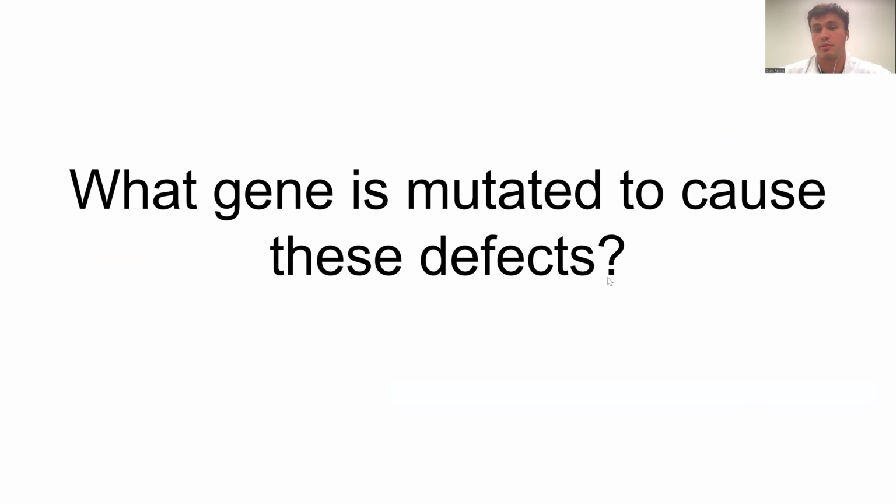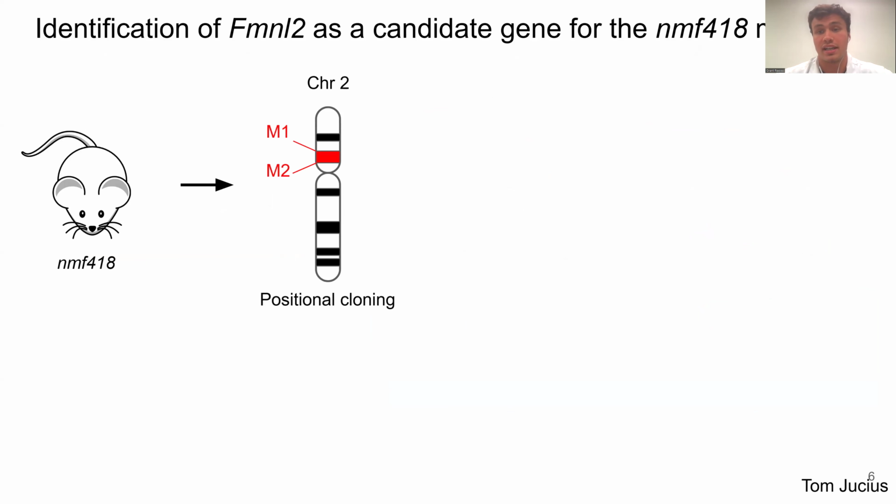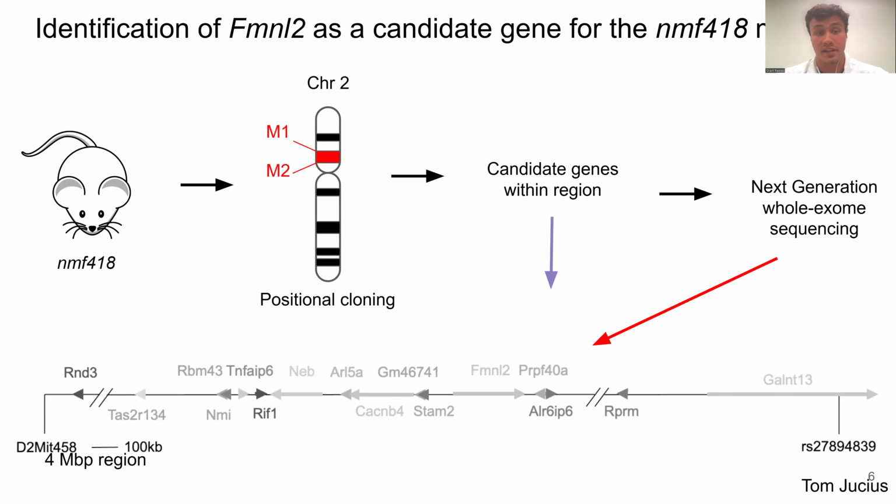And so what gene is mutated that causes these defects? We identified FMNL2 as a candidate gene for the NMF418 homozygous mutation. And we localized it to a 4 megabase pair region on chromosome 2, and using next generation whole exome sequencing, we identified a single nucleotide polymorphism in the gene FMNL2.